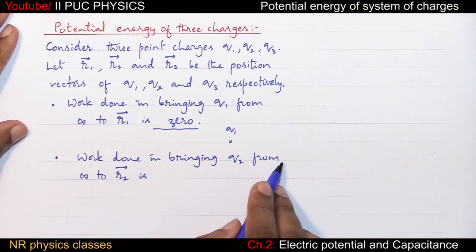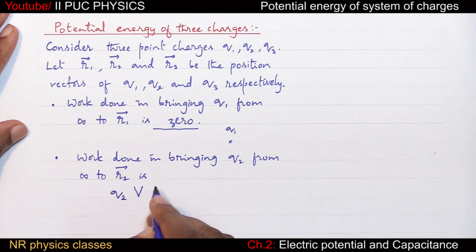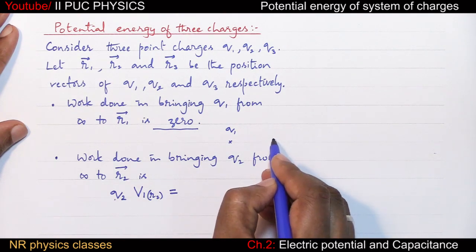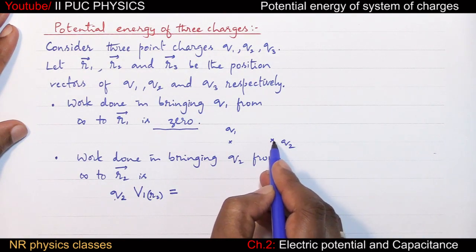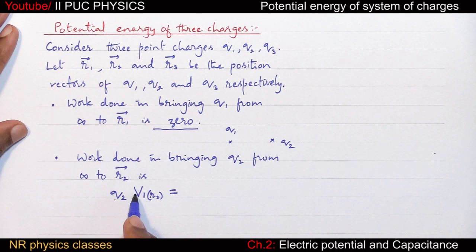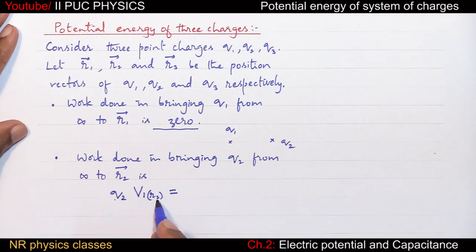Work done in bringing Q2 from infinity to R2: Q2 is brought to some point where there is potential due to Q1. Therefore, potential due to Q1 at position vector R2, that is V1, and position of this Q2 is at R2.